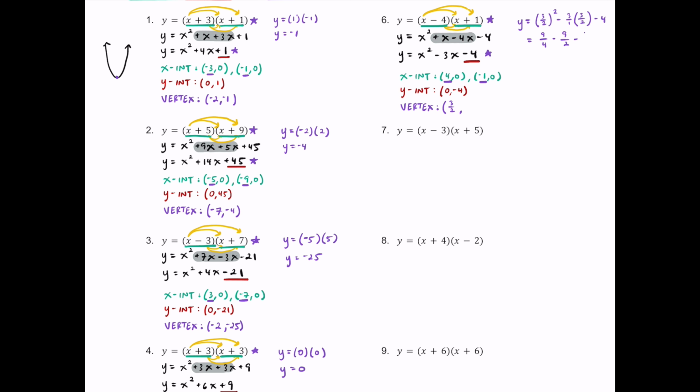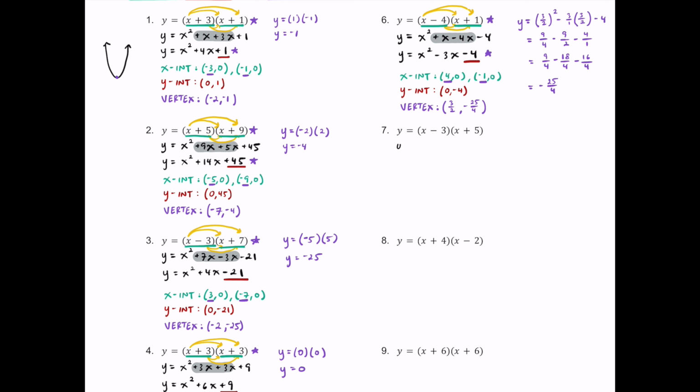And I'm just going to write this as 4 over 1 for a moment. This is going to be 9 over 4, and then common denominators is going to be 18 over 4, and then 16 over 4. And so 9 minus 18 is negative 9, and negative 9 take away 16 is going to be negative 25 quarters. So negative 25 quarters, and it's important to know that leaving these in improper fractions is perfectly fine, probably more preferred than using decimals.